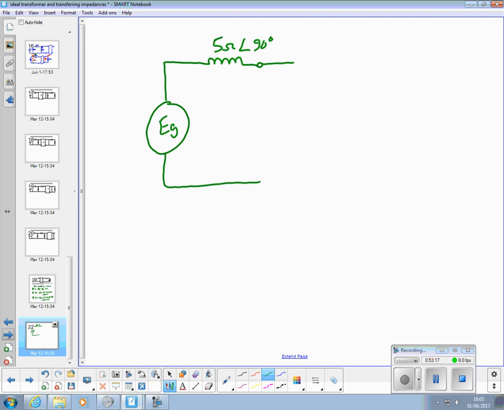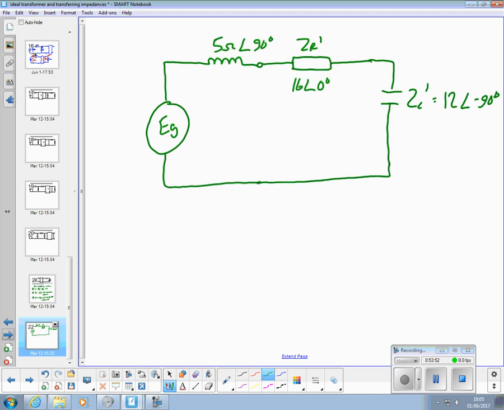We've got ZR dash, that is 16, angle 0 degrees. We've got ZC dash equals 12, angle minus 90 degrees. Tell me if I got any wrong, please.